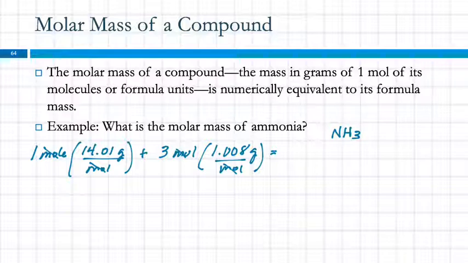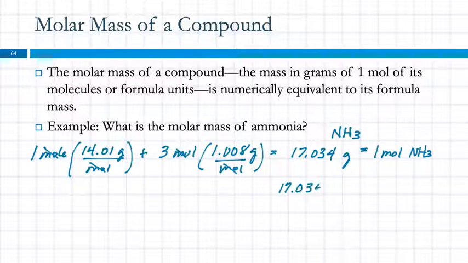So I've got 14.01 plus 3 times 1.008. 17.034 grams. That's the mass of 1 mole. That is equal to 1 mole of NH3. So sometimes they'll say calculate the molar mass, and you'll see 17.034 grams per mole. That's also correct, because it's the mass of 1 mole of ammonia.